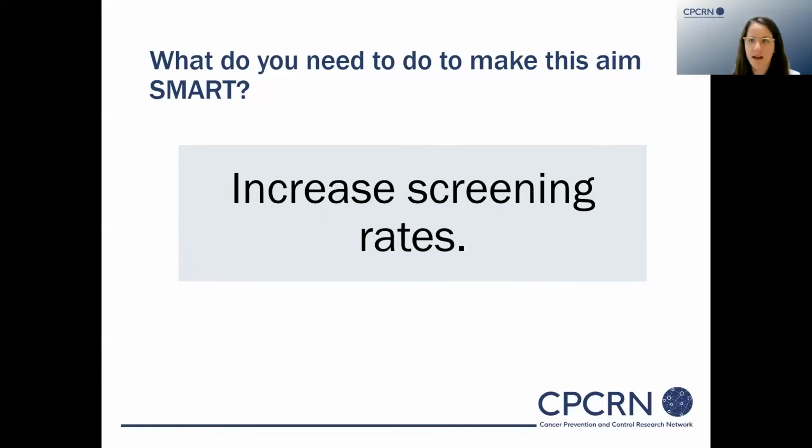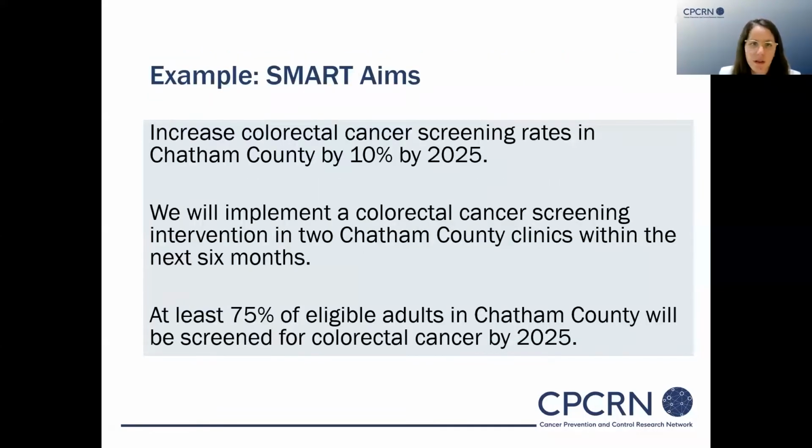So on my next slide, I have some examples of goals that are a little smarter. They're probably not even the smartest goals that you could have. But increase colorectal cancer screening rates in Chatham County by 10% by 2025. So you're getting at by how much, the population, and the time frame. We also have, we will implement a colorectal cancer screening intervention in 2 Chatham County clinics within the next 6 months.